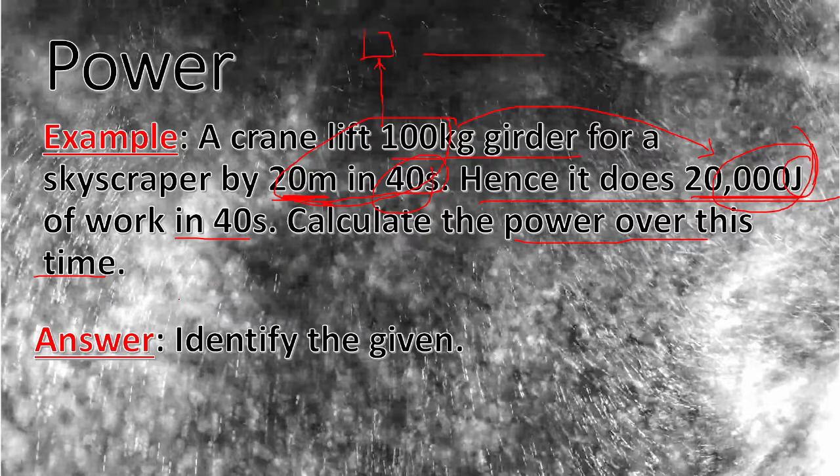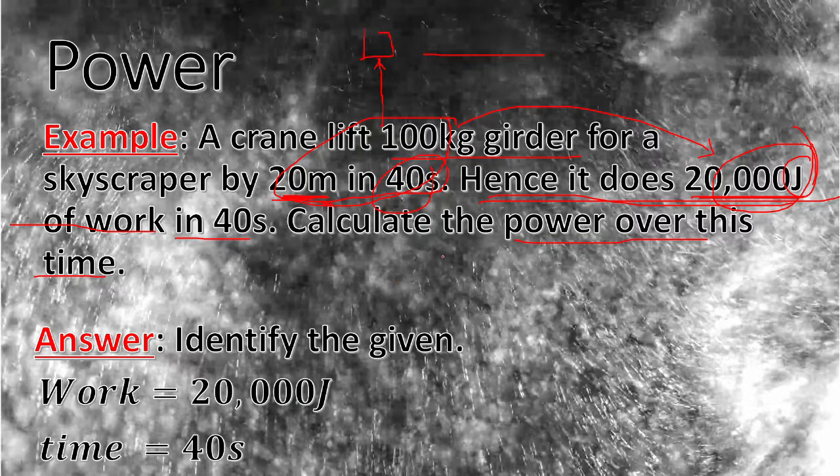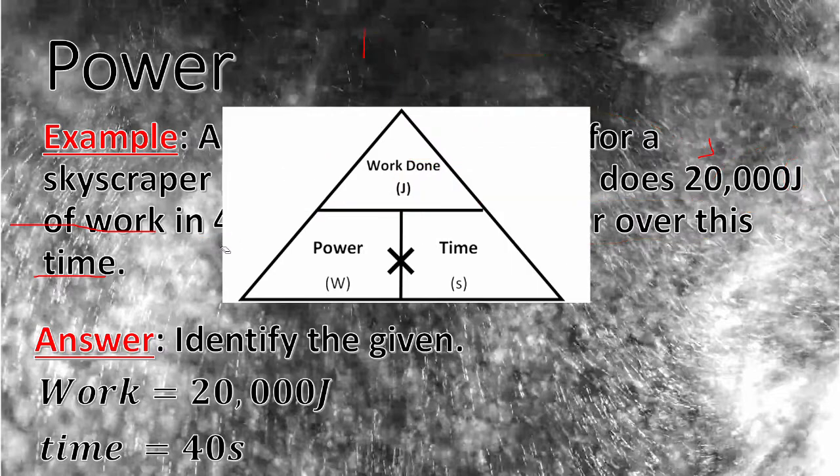This is the very first thing you need to do before answering your problem. You need to identify first the givens. So work is stated in the problem: work of 20,000 joules and time of 40 seconds. Power triangle. You can say that power is equal to work done over time.